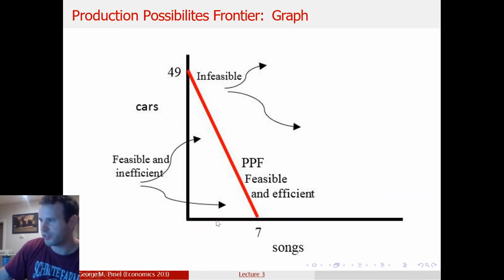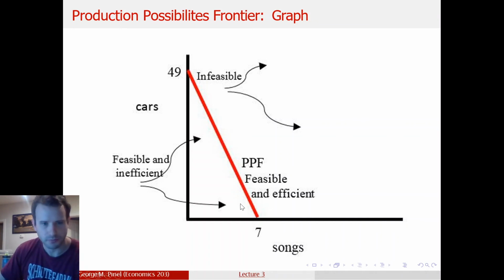As it's represented here, because song is the x-axis good. So the trade-off is 7 cars for every song. Rise, -7. Run, 1. -7 over 1 is your slope. Okay, so opportunity cost, trade-off, negative slope, they're all the same thing. They're all being pictured here in this graph.